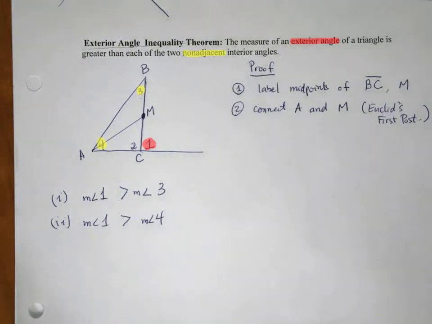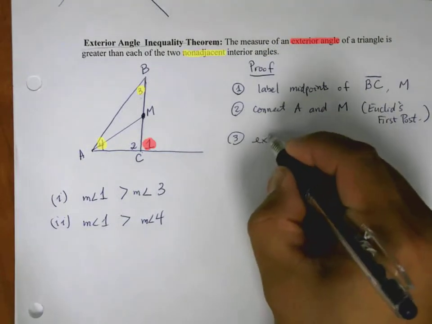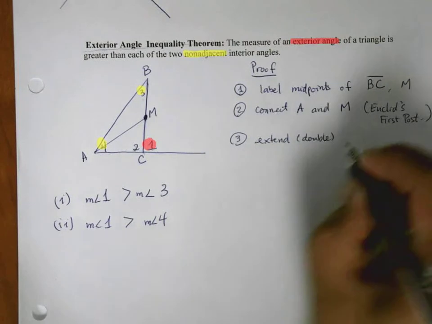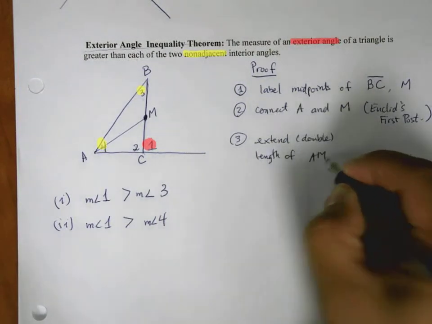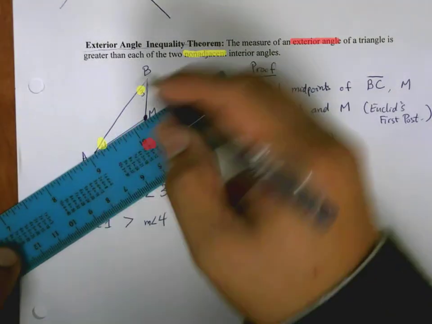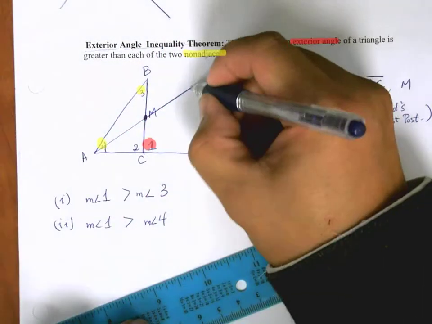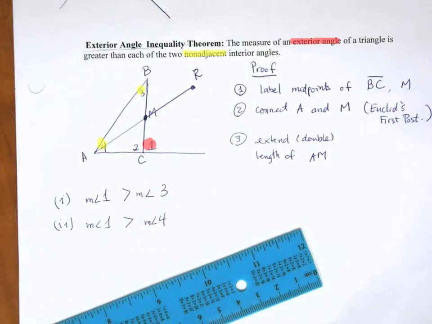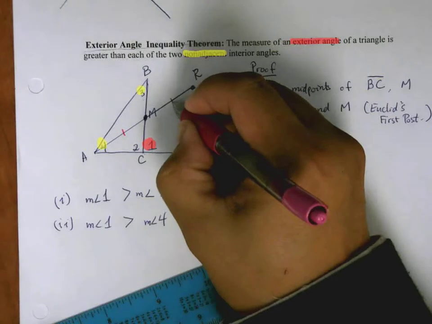And then we are going to extend and double the length of AM. Whatever this length was before, I'm not sure what it is, I'm going to double it out to here, and I'm going to label this point R. So one thing that we can say right off the bat is that AM and RM are congruent because we're doubling this length.